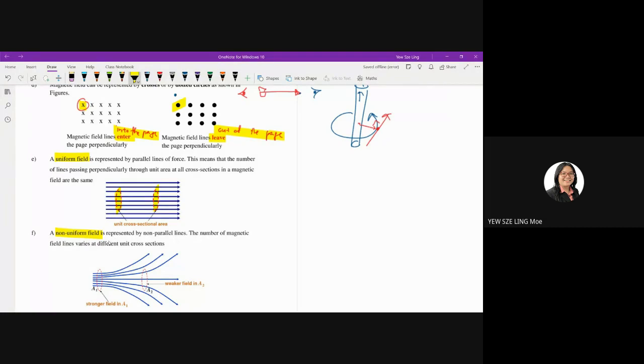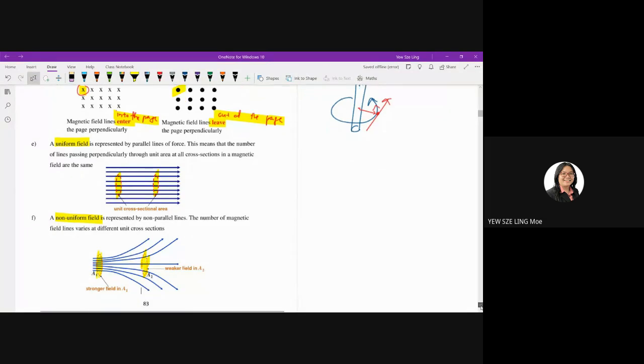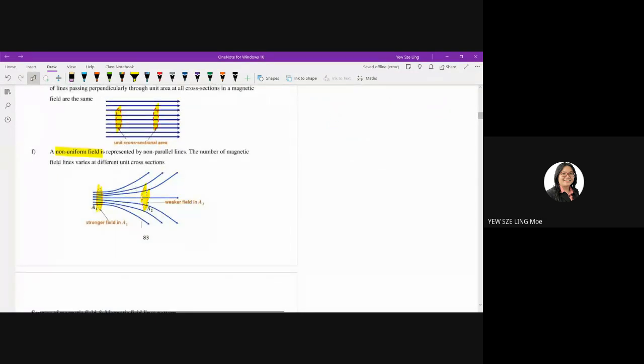If you have a non-uniform magnetic field and you put a ring right here, what you are going to observe is that the number of lines passing through it has now decreased. When the lines are spread out, as shown in the picture, it means that now you have fewer lines passing through this ring, through this cross-sectional area.